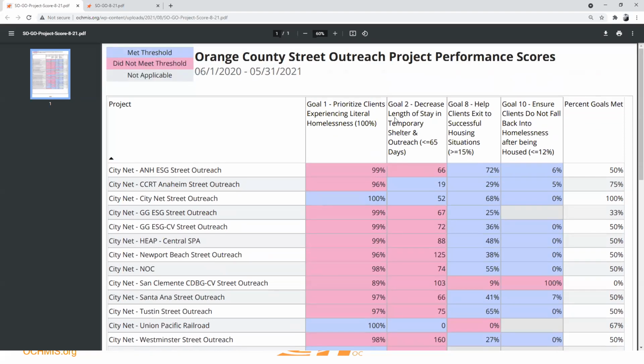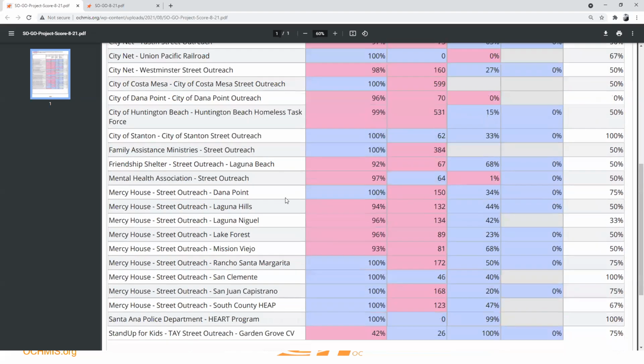Throughout the reports, the purple means the project or the project type met the threshold, and the pink means that the threshold was not met. So feel free, if you haven't already, please look at that for your projects.